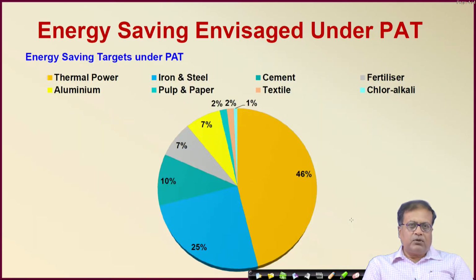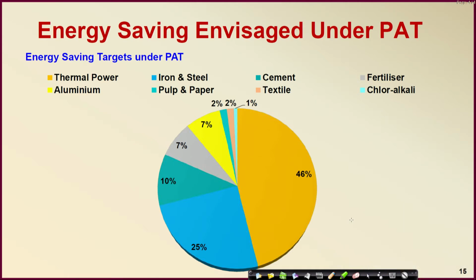Now, this diagram shows that the energy saving envisaged under PAT is different for different industries. Specific amongst them are thermal power and iron and steel. While for thermal power the energy saving target is to the tune of 46%, iron and steel comprises as high as 25%.